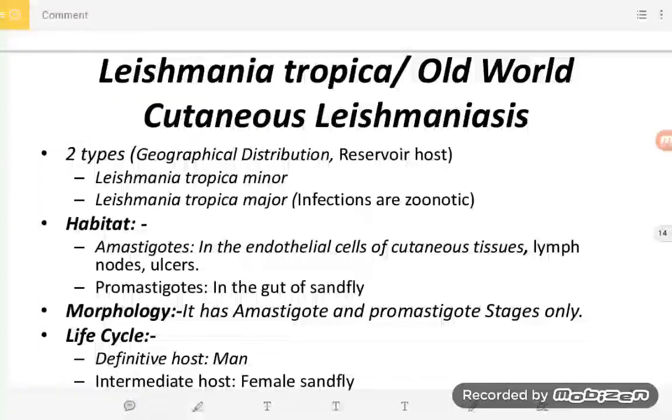If they ask about the specimen, you have to think about where the parasite is present. So tissue biopsy or slit smear, punch biopsy or lymph nodes you can take as a sample. The promastigote form is present in the gut of the sandfly.